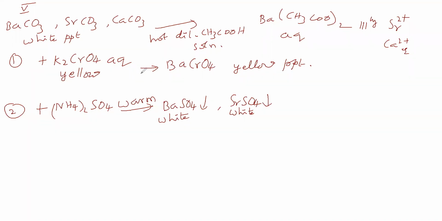If you do not get a yellow precipitate, then barium ion is not present, and only then do you proceed to the second test: add ammonium sulfate solution, warm, and you will get a white precipitate of strontium sulfate.